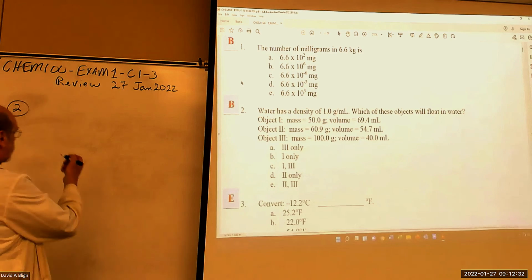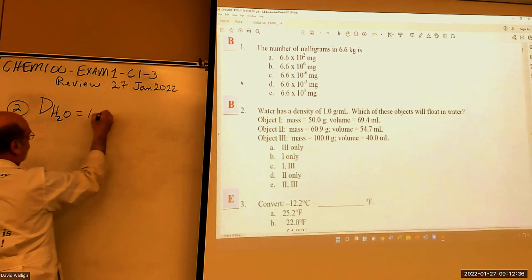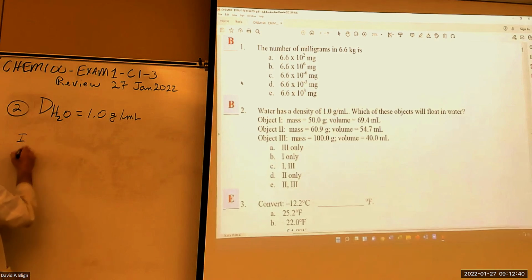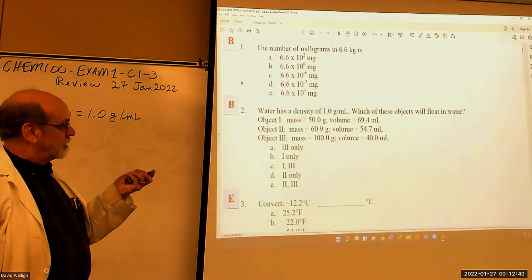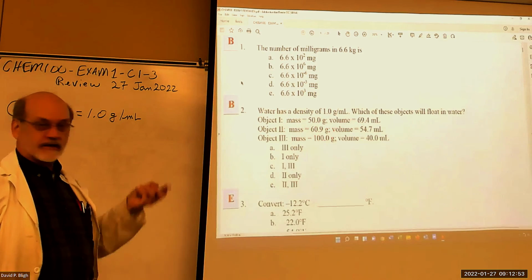So the density of water is 1 gram per milliliter. What about object 1, 2, and 3? Do we need to calculate the actual density of these objects?